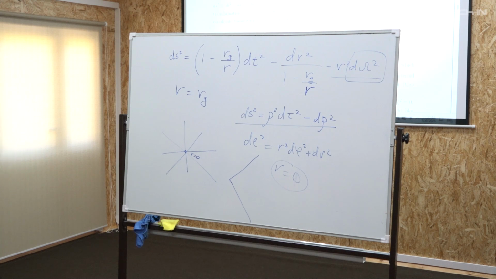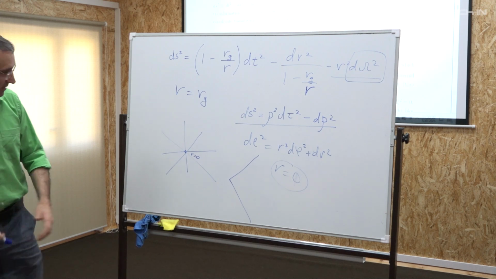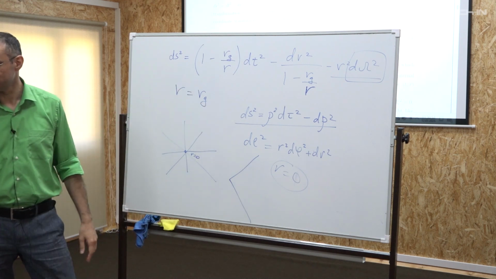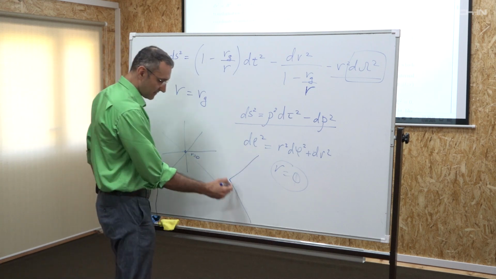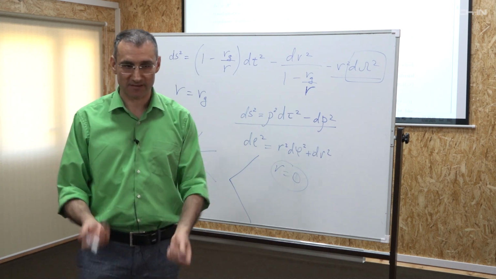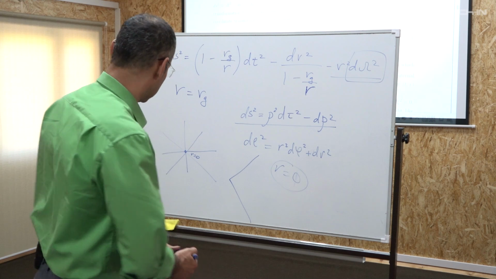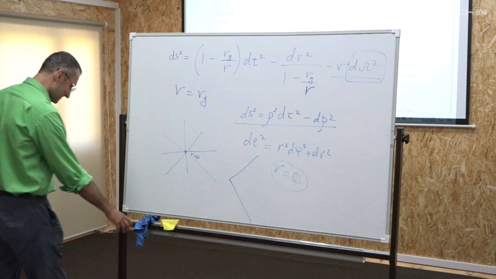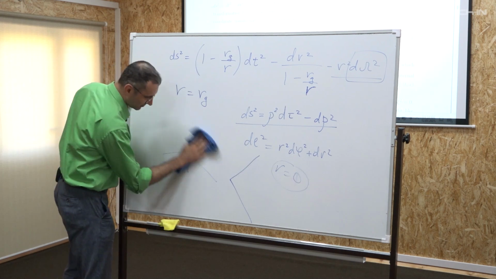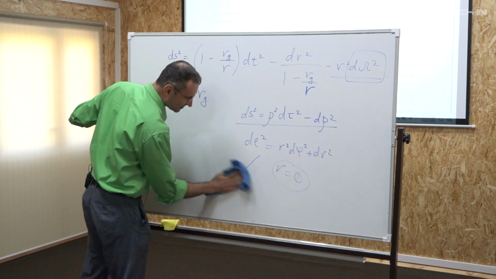Horizon is nothing special. It's just a bended light cone. In this case, it's not even bended. It's just a light cone. Space-time there is flat, nothing singular happens, nothing special happens. There is no mystery in the horizon. Bended light cone, nothing more. Light cone is a trivial thing.